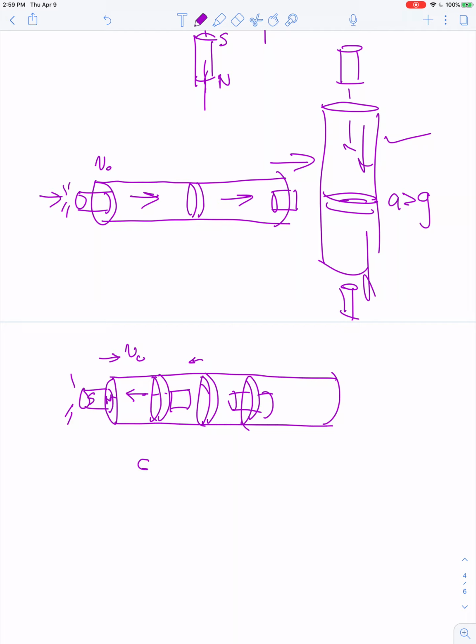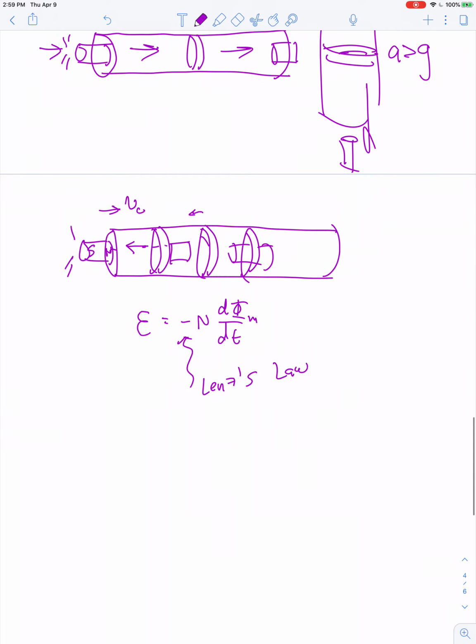So if I write Faraday's law one more time, induced voltage is equal to negative the number of loops times the time rate of change of magnetic flux. That negative sign is there to remind us of Lenz's law, and Lenz's law does a couple things.